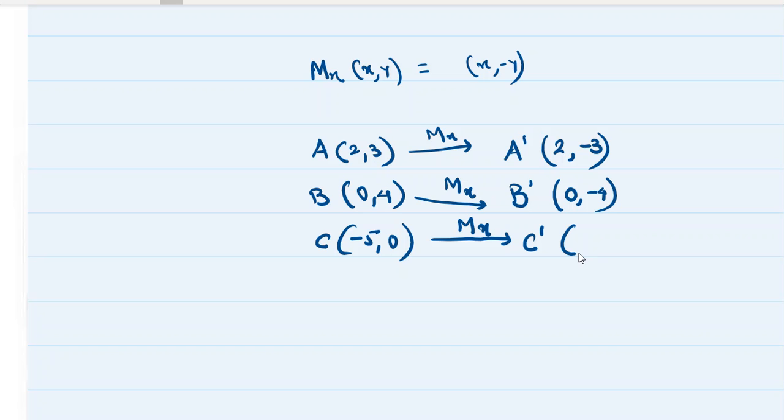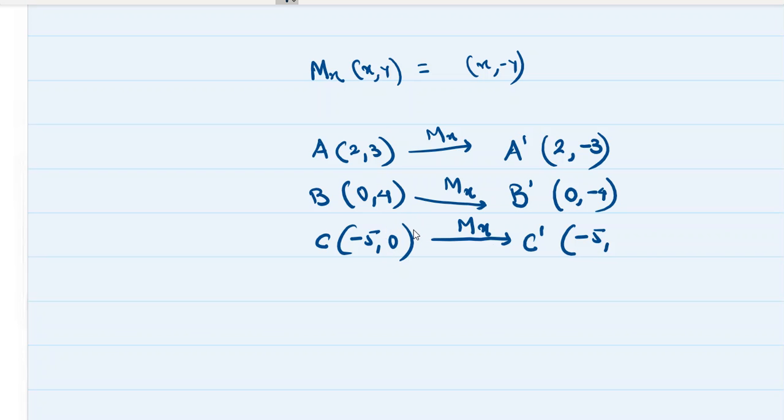Why? Because its y coordinate is 0. Any point whose y coordinate is 0 lies on the x axis. So the coordinates of point C, which is (−5, 0), will become, see, x coordinate will be x coordinate and y coordinate changes its sign.